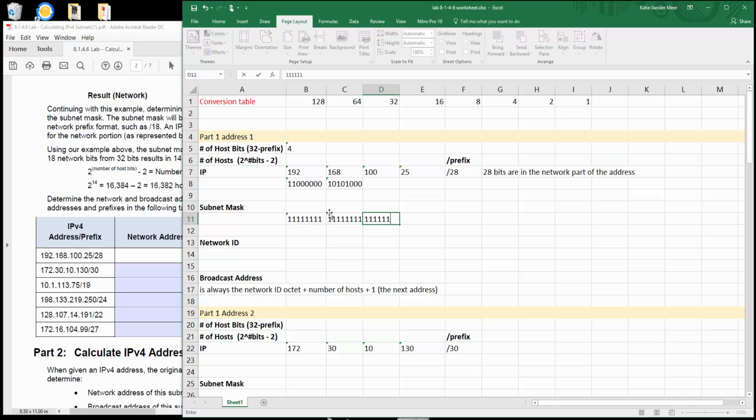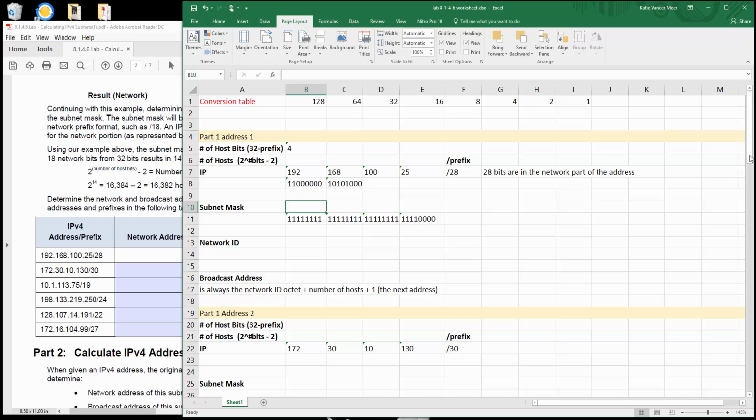Here's 8 more. And now how much do I need more? 4, right? Because 8 plus 8 is 16, plus 8 is 24, 25, 26, 27, 28, and the rest are zeros till I get to 32. So I take all of those 28 bits and make it my subnet mask.